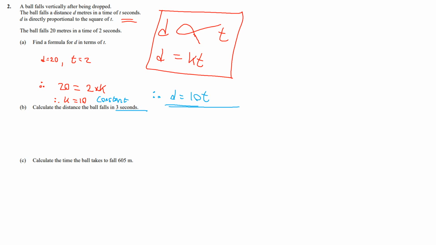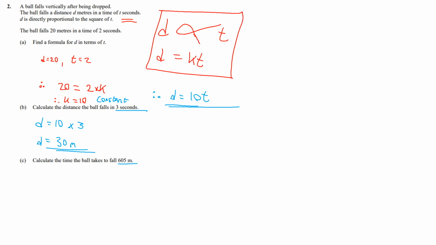So now we're told how much will it fall in 3 seconds. Well, in 3 seconds, d is equal to 10 times 3, because t is 3. And so therefore d is equal to 30 meters. But what if we're told how long will it take for the ball to fall 605 meters?